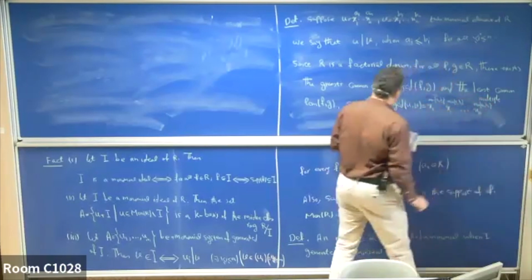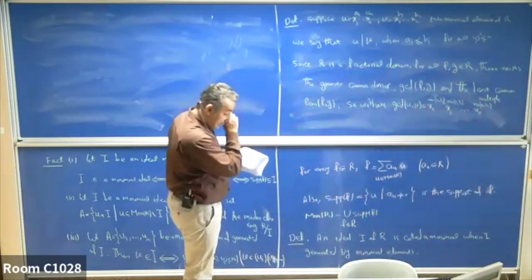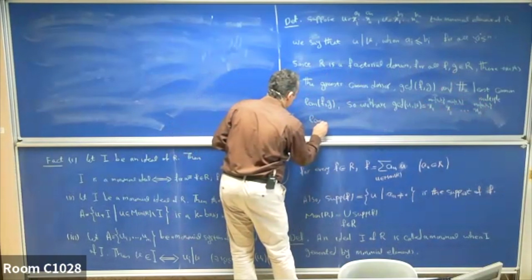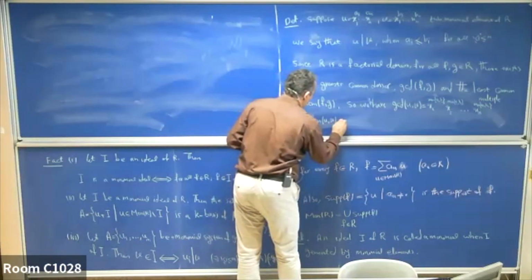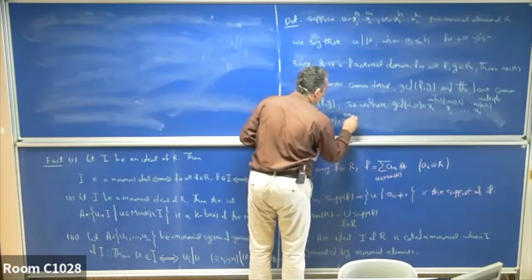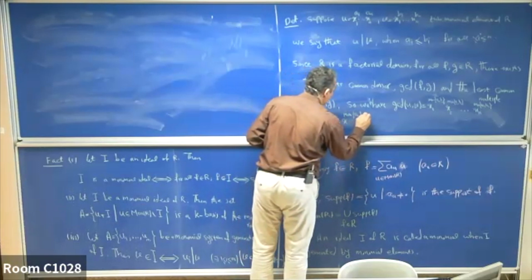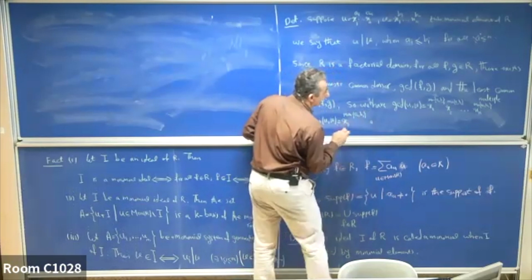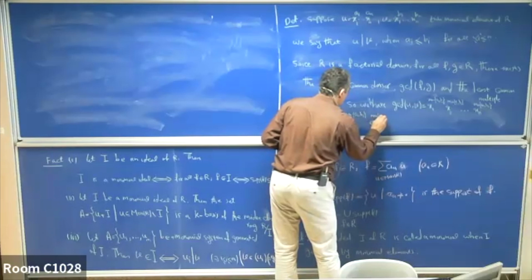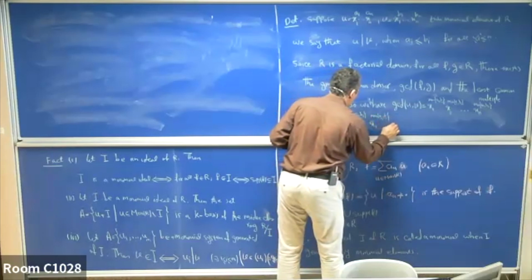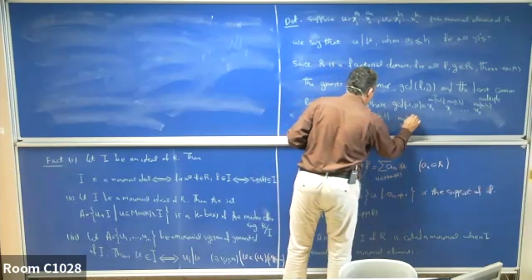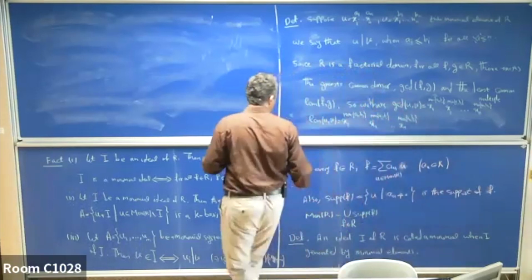This is the GCD. And the LCM of u and v is equal to x1^max(a1,b1) x2^max(a2,b2), and so on, xn^max(an,bn). This is the LCM.